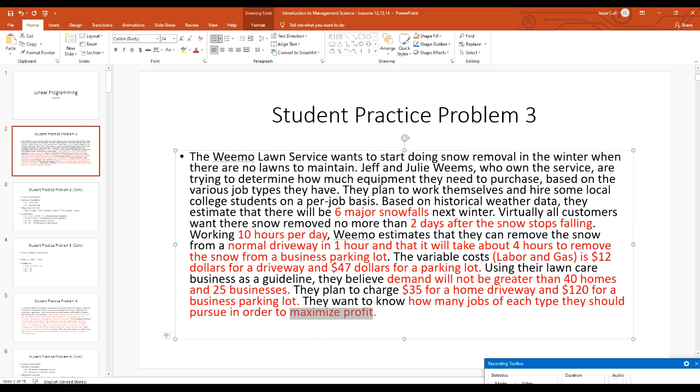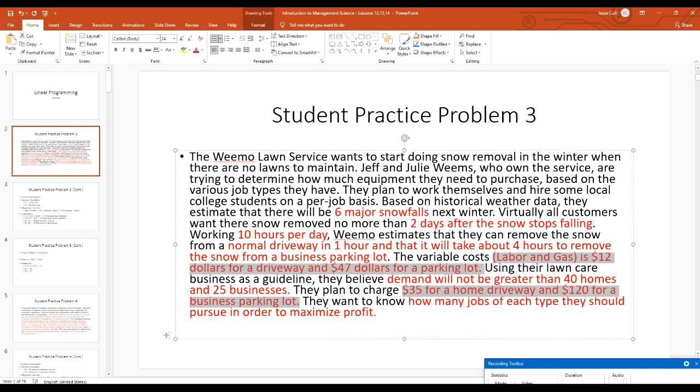So we see here that we have both our costs and our revenue. Costs were $12 for a driveway. Revenue is $35 for a driveway. Cost is $47 for a parking lot and $120 for a parking lot in revenue.